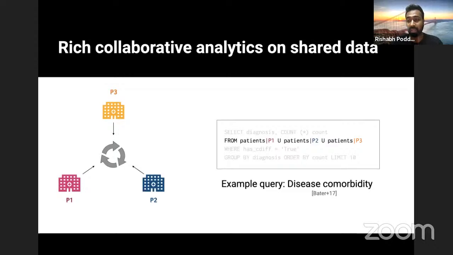In particular, the query can be expressed as a sequence of operations where first, all the parties combine their data sets together. They then filter out the rows where C. diff is true. These rows are then grouped together by the type of disease, and the size of each group is counted. And finally, the top 10 groups are identified after sorting them by their counts.